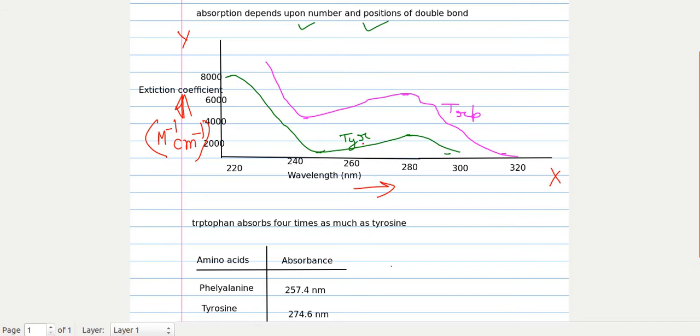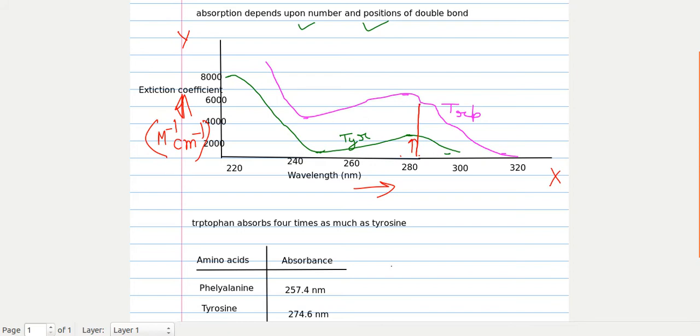Now switching to the main content, what we have to see is the absorption spectra. This is hand drawn by me. It is not to scale, but what I am trying to make out, please concentrate on that. You see this is around 280.